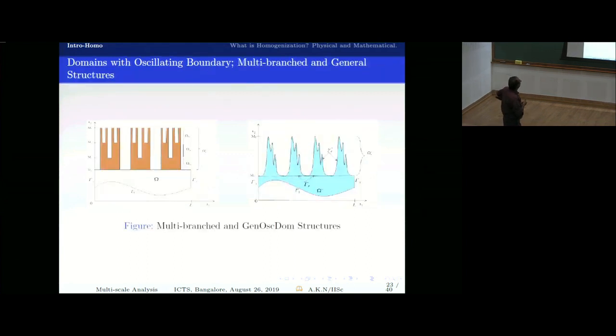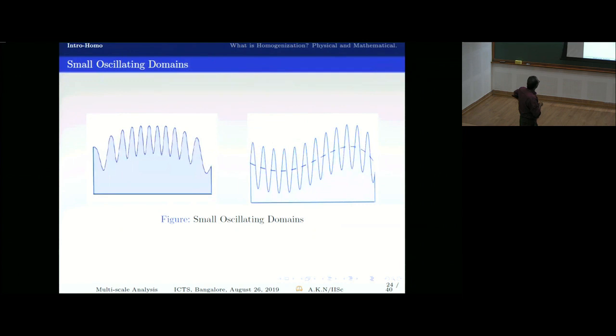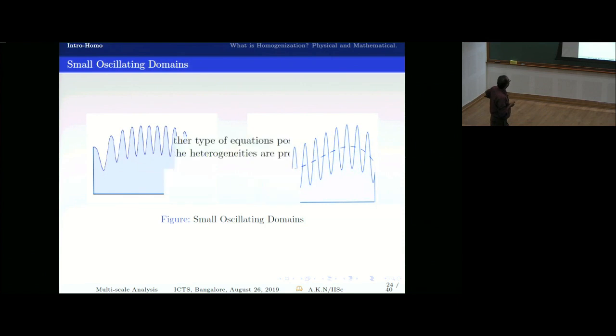And then you see heat radiators, a schematic diagram. Not only do you have boundary, you have branched structures and more general domains. And there is work where oscillations are small, where results may be difficult. When the amplitudes are big, the results are more difficult.